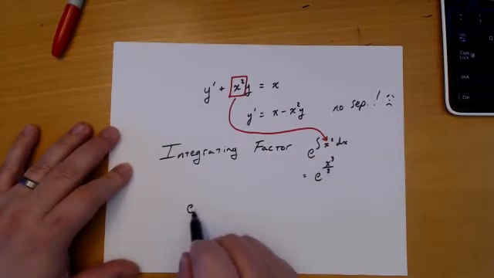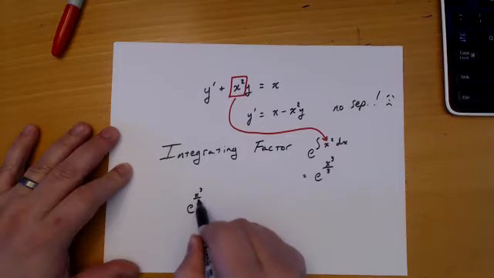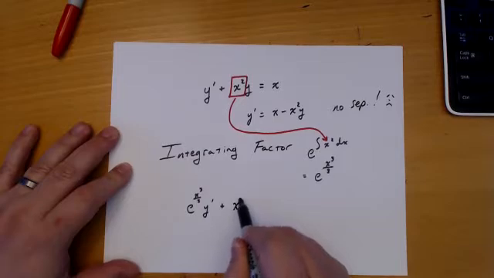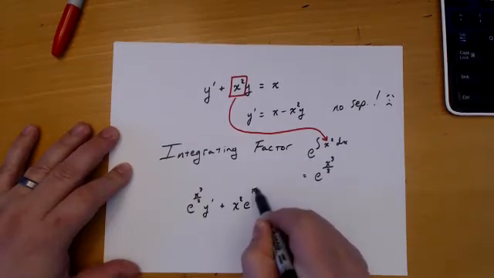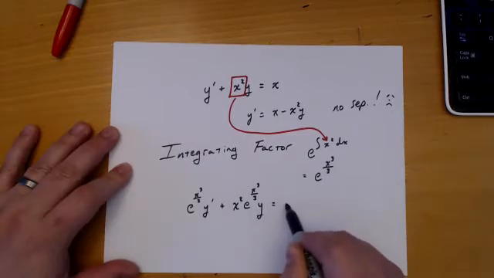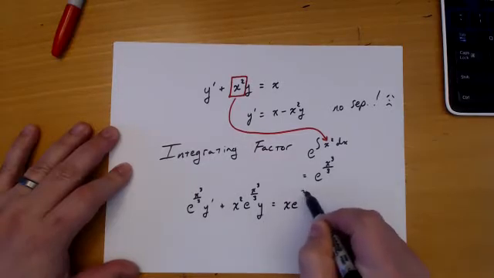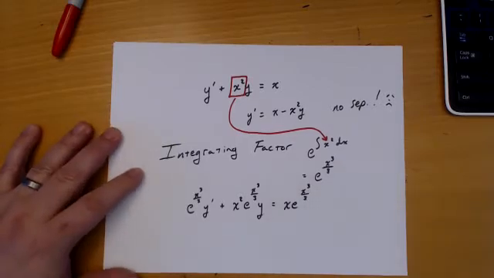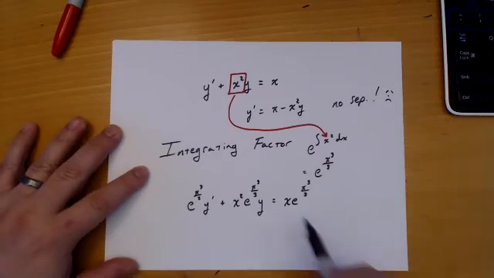So I'm going to have e to the x cubed over 3 y prime plus x squared e to the x cubed all over 3 times y is equal to x e to the x cubed all over 3. And of course, I have to make a problem that's a problem. But watch. Here's how it works.